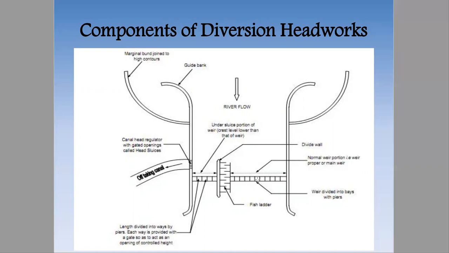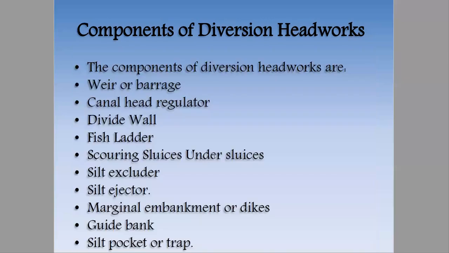As the flow is affected here, the water gets accumulated, then it will raise the water level, and then it can be easily diverted to this, that is, through the canal head regulator, it can be diverted to the off-taking canal. You can understand this clearly.